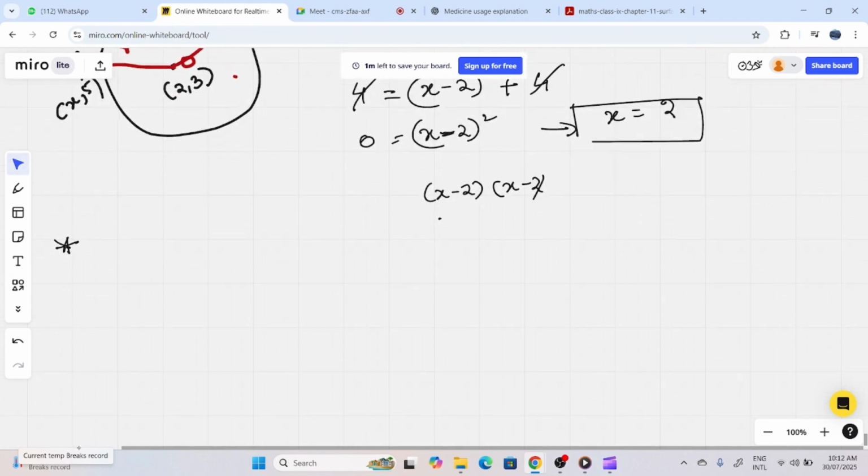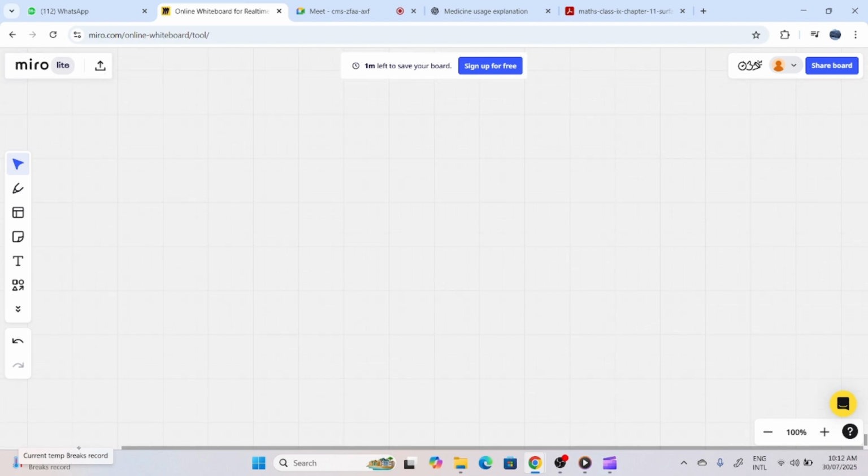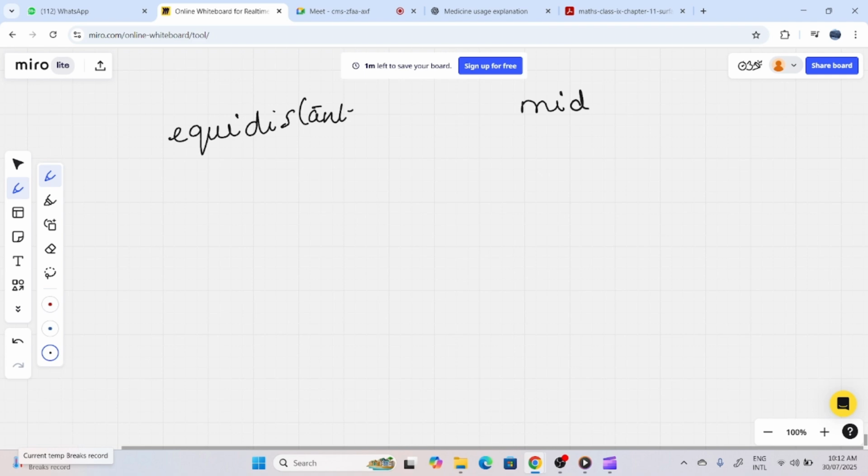This is a very recurring mistake that a lot of kids make, so please understand it now itself so that when it is taught in school, you don't make it. Equidistant is one term, and another term is midpoint. Don't ever get confused with this.